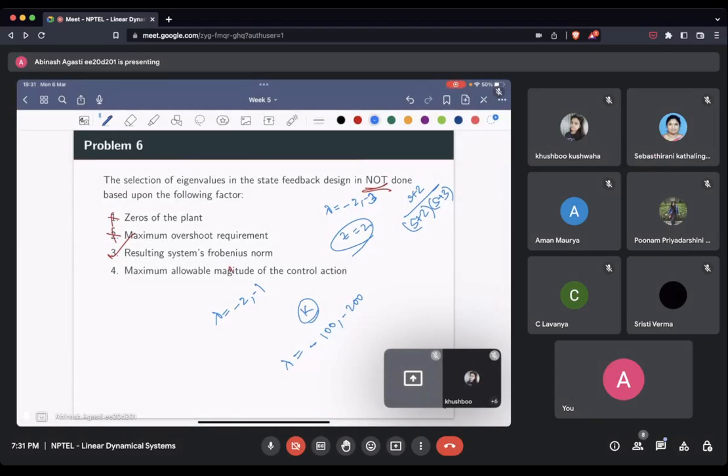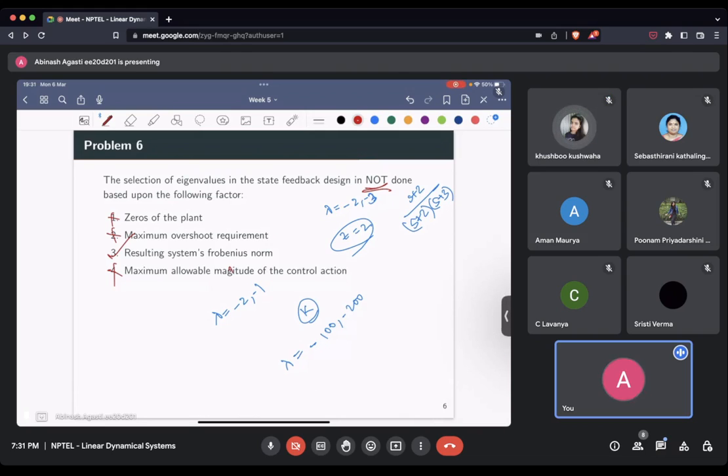Yes. So this is also necessary for the selection of eigenvalues. The first option is the zeros of the plant. We just need to be cautious about where the zeros of the plant are. Let's say the zeros of a plant are at -1 and -2.